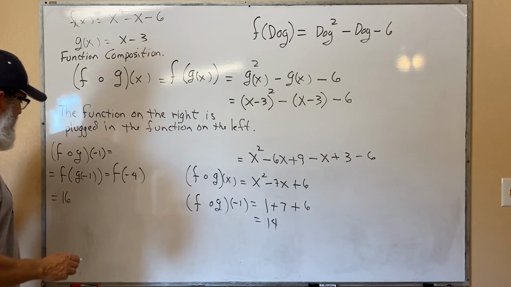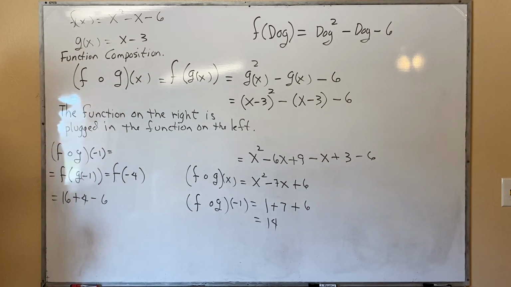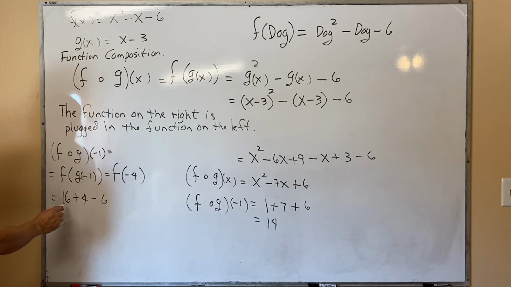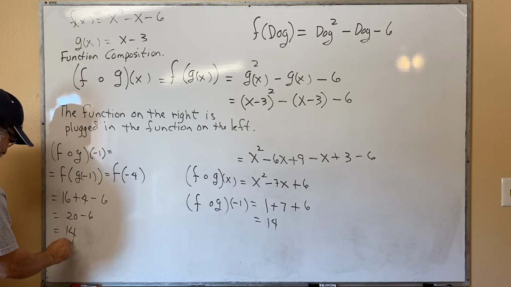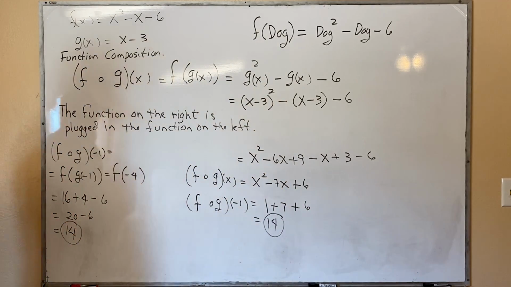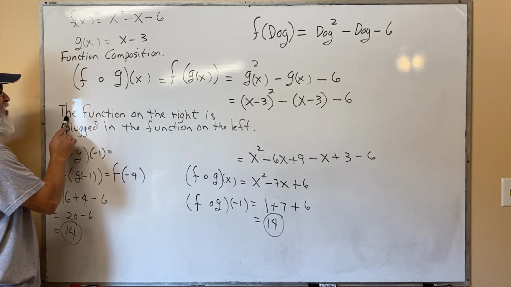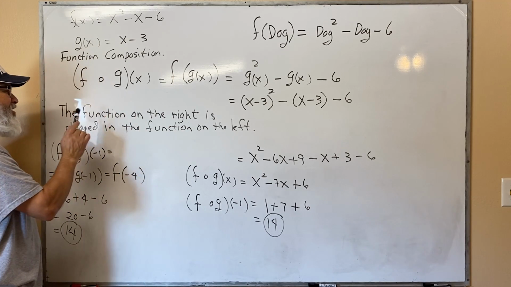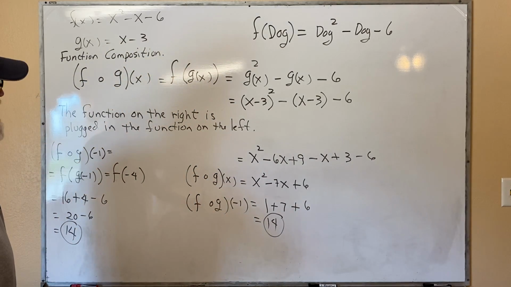Minus -4, plus 4. Minus 6. And this is 20. 16 plus 4 is 20, minus 6, which is what? 14, the same as before. Okay? Function composition, guys. This is function composition. This is important. The function on the right is plugged in the function on the left. Okay? All right.